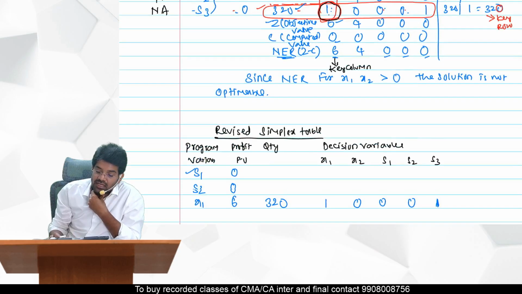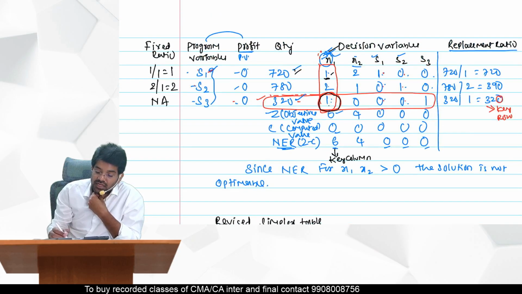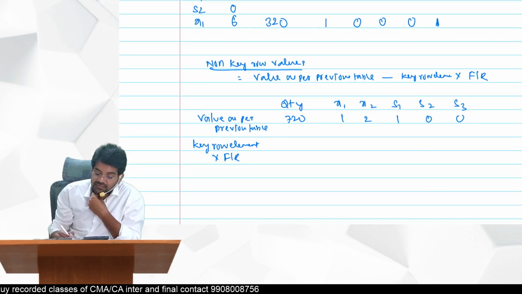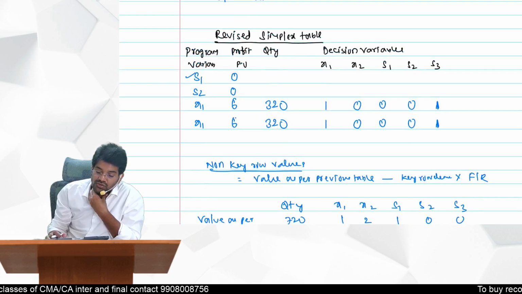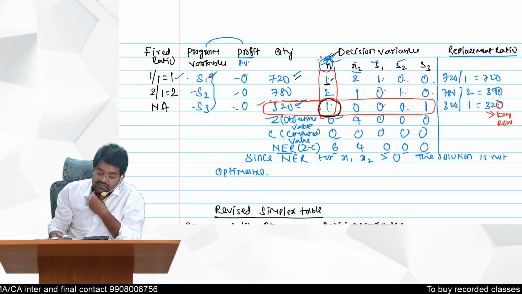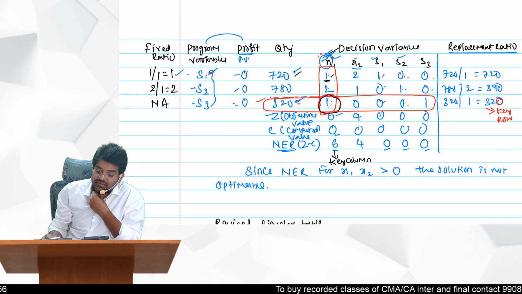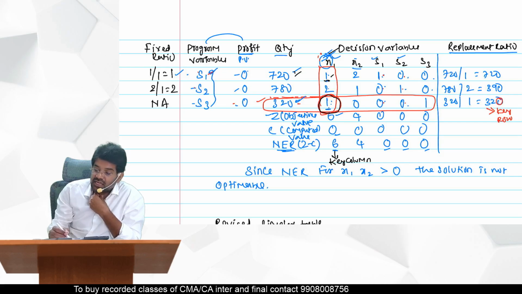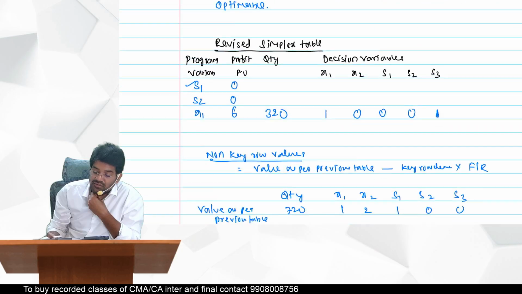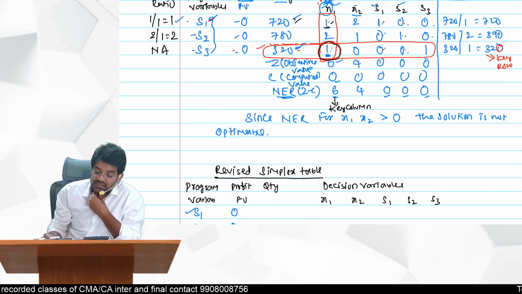What is the key row element here? Correspondingly 320 into what is the fixed ratio of S1? 1. 320 into 1. Similarly X1: what is the previous table value? 1. Now the key row element value is how much? Correspondingly 1. 1 into fixed ratio is 1 only, 1 into 1.